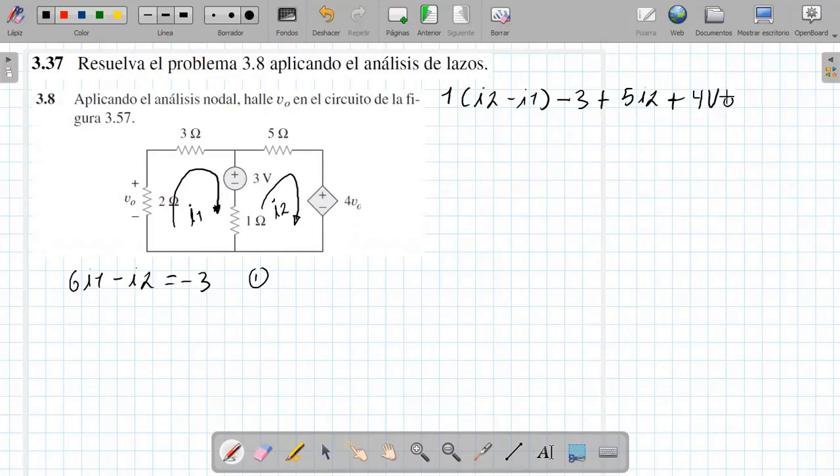We must convert V0 in terms of current. All of this is equal to 0, so we are going to multiply it by minus 1. So it would be I2 minus I1 plus 5 I2 plus 4 V0 equals 3.